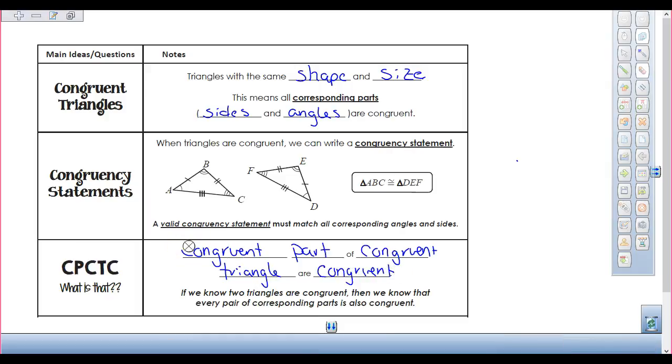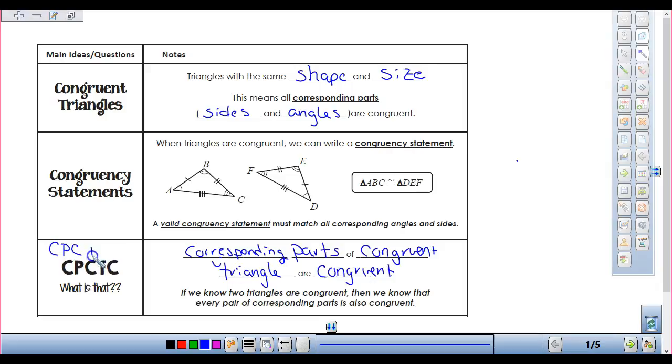Not congruent parts, it is corresponding parts. Corresponding parts of congruent triangles are congruent. You'll also see this as CPCFC sometimes, replacing triangles with figures, because it works for any shape. Corresponding parts of congruent figures are congruent.